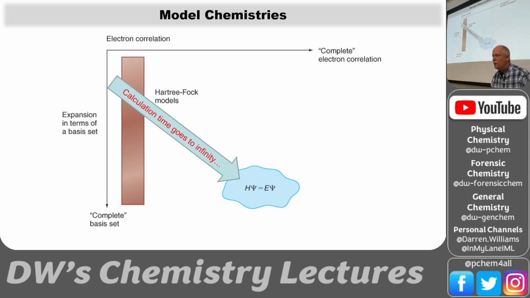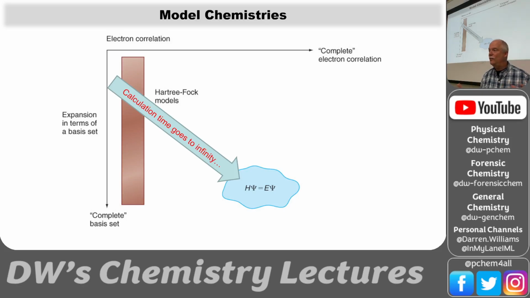So why not just go with the most complete basis set and the highest level of theory? If we could do that, we would get to the true solution of the Schrodinger equation. We'd have a wave function that was truly free, and we'd be able to model the Hamiltonian really well, the electron correlation term, but the calculation time goes to infinity for that.